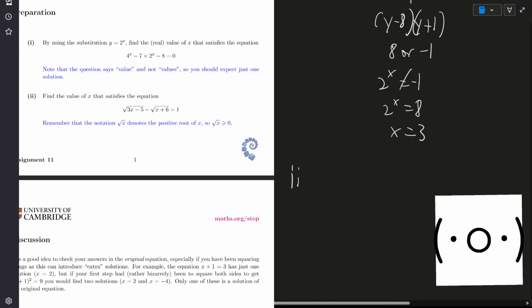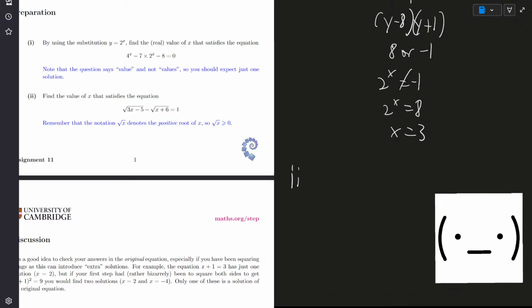Move on to the next part. Find the value of x to satisfy the equation.